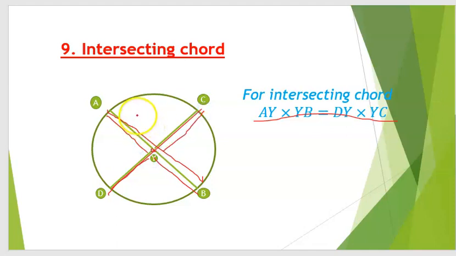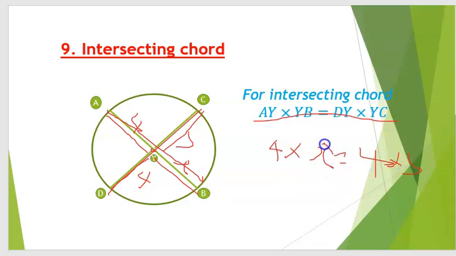For example, if this one is 4, and this one is X, and this one is 3, and this one is 4, then it means 4 multiplied by X should be equal to 4 multiplied by 3.